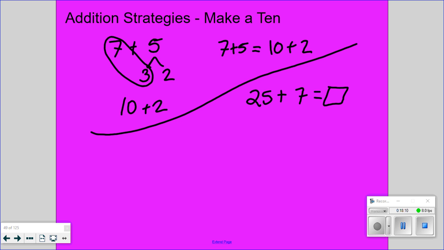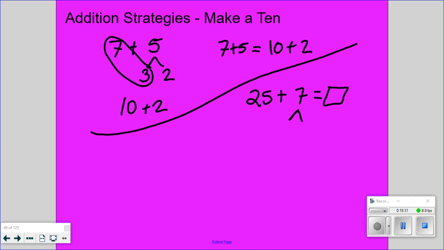But we could also make a multiple of 10. So what that means is a skip count. So are you with me? A skip count of 10. My next skip count from 25 is going to be 30. Right? 10, 20, 30. Skip count of 10.